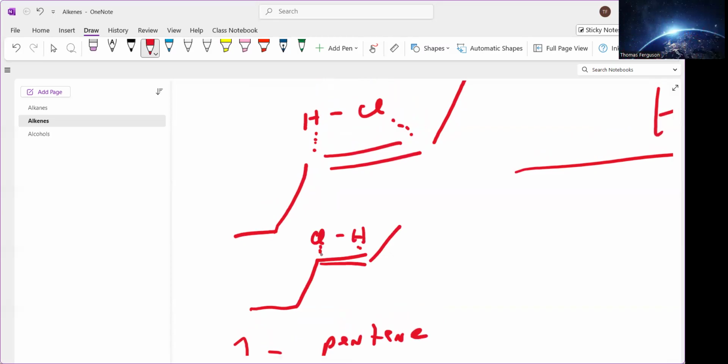This is why we're going to get a mixture. Half the time it's one way, half the time it's the other way, 50% of the time. So now we're going to get a mixture of chlorine on the right and chlorine on the left.